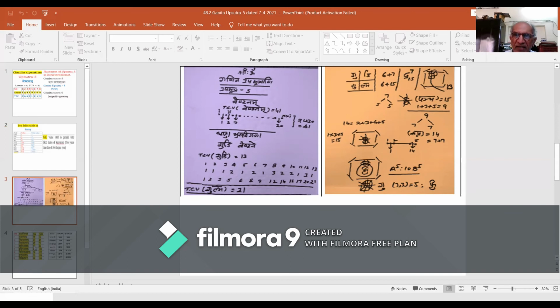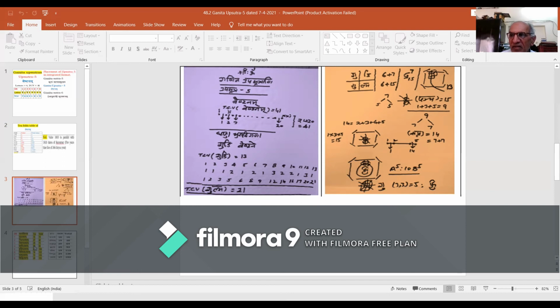On the one hand, we have seen that the mathematical domain of Ganita Upsutra 5 is of reach of Jyotirvigyan. Now here we have seen that the mathematical domain of Ganita Upsutra 5 is of applied values of the Ayurveda.